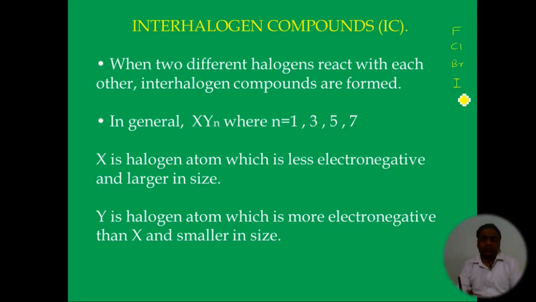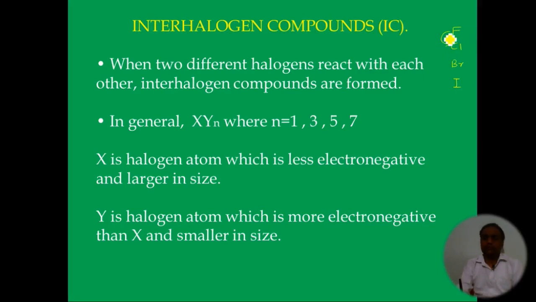Most of the time you are going to encounter these four halogens, and when these four halogens react with each other in binary, we are not going to see a ternary because ternary interhalogens have not been prepared so far. Only binary.